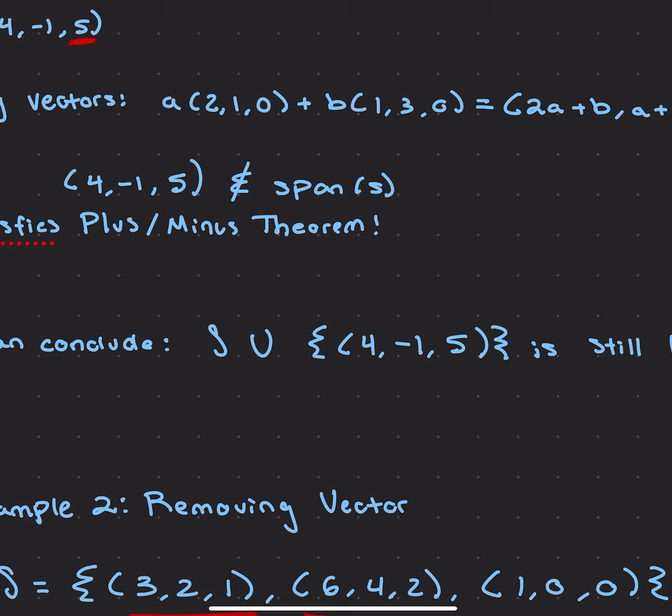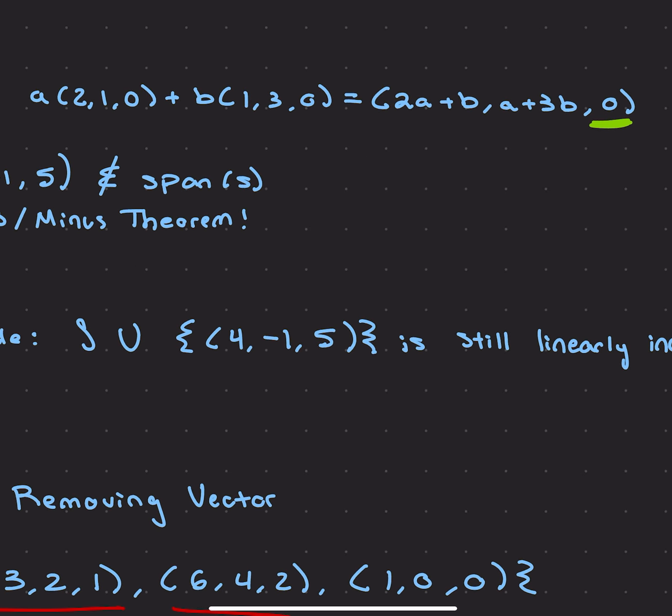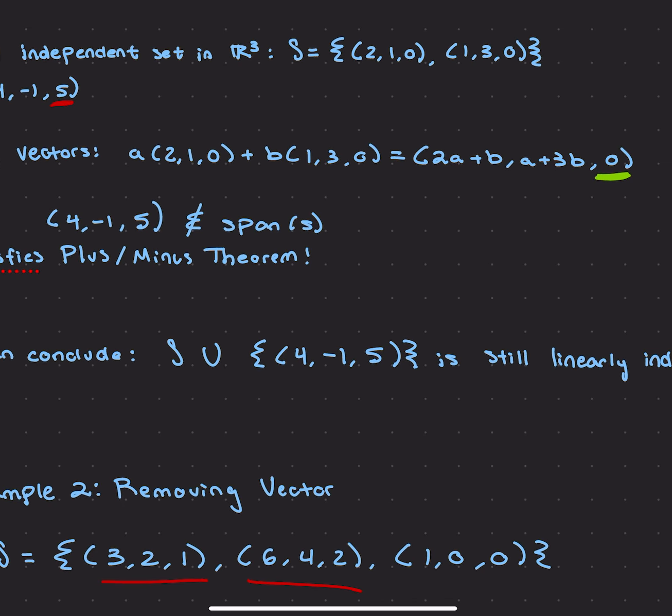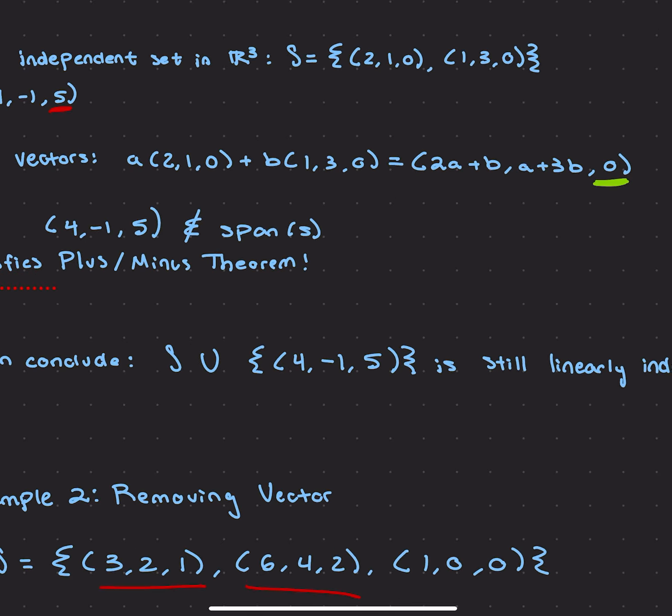And because we see that, we can conclude that set S containing 4, negative 1, and 5 is still linearly independent, because the new vector is not in span S.